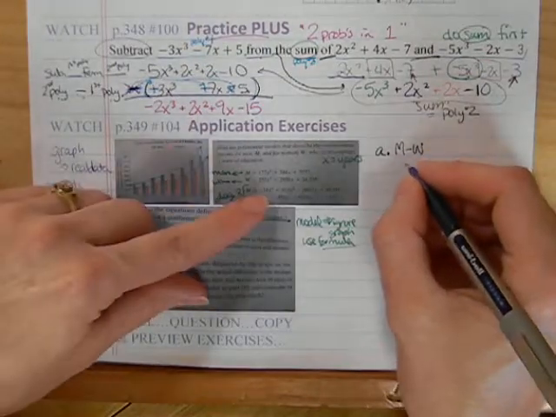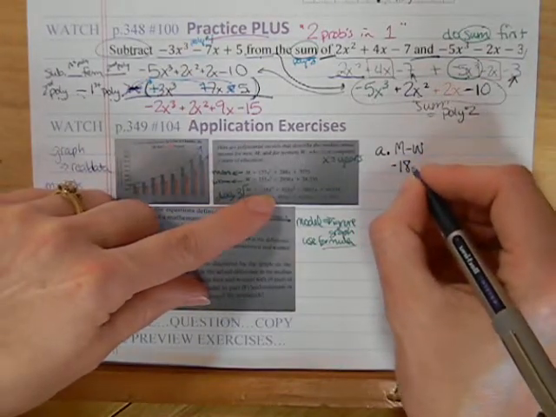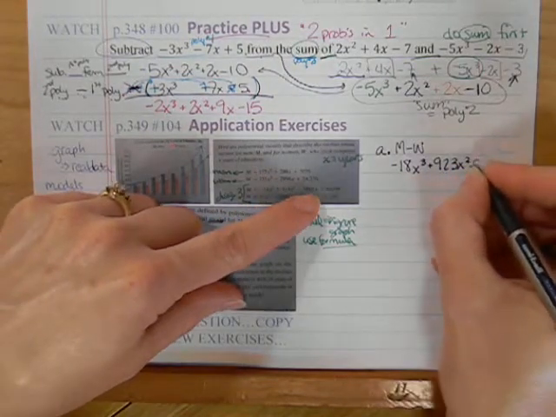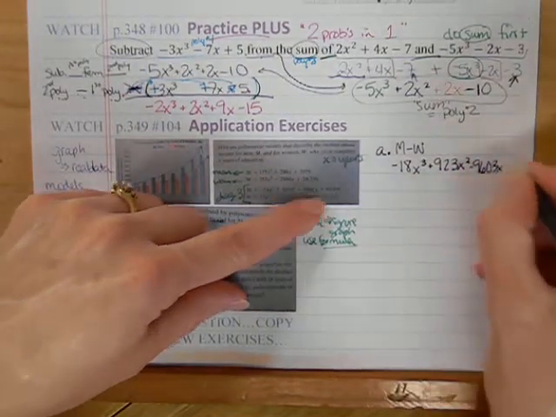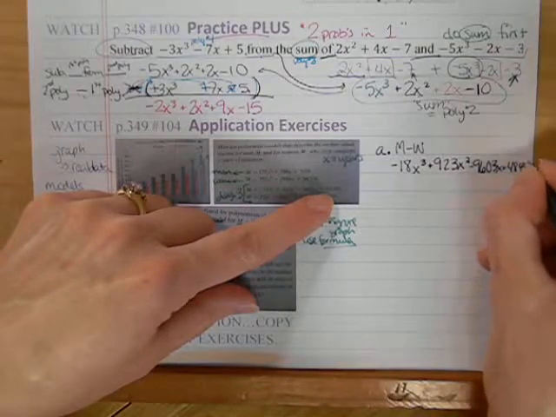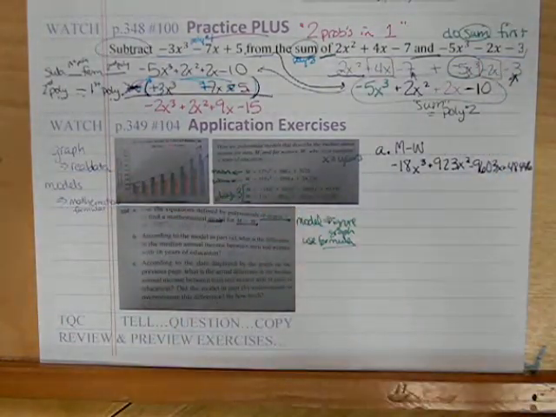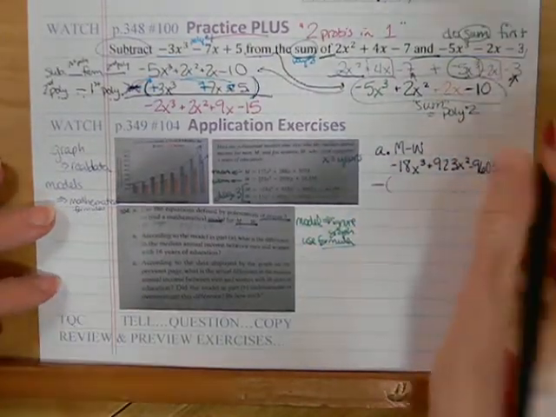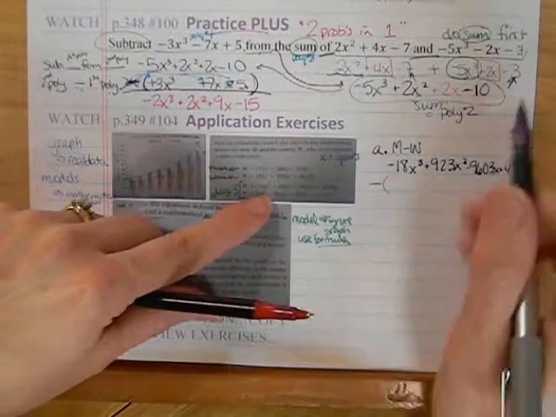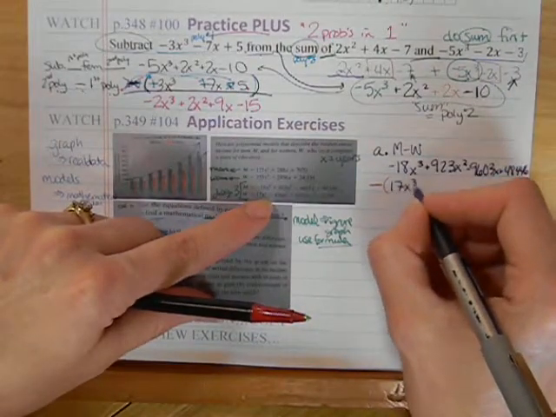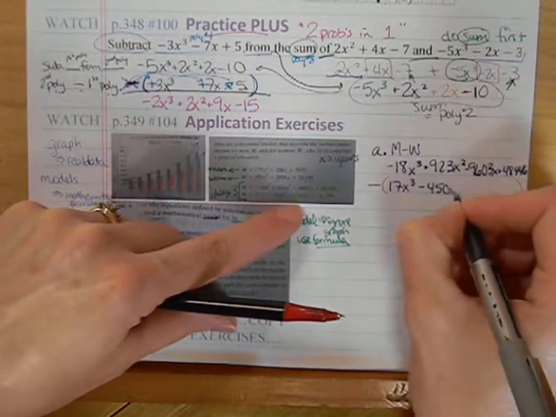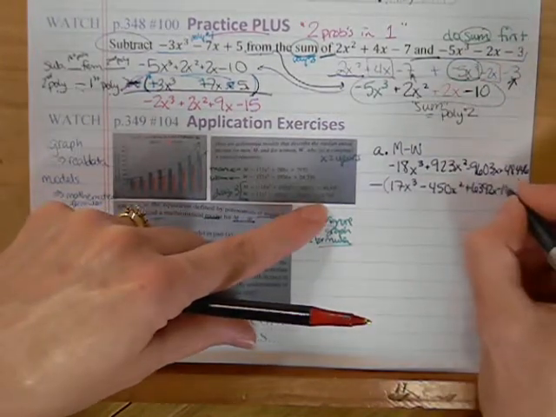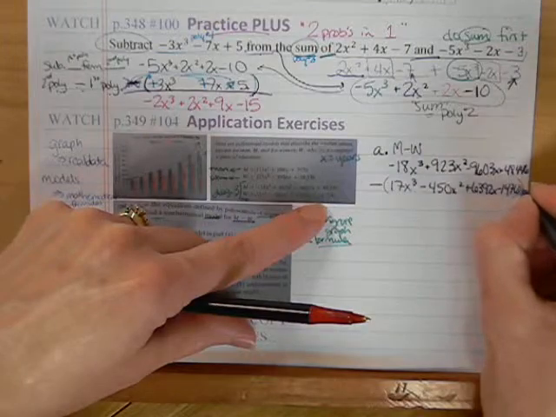In this case, M is negative 18x cubed plus 923x squared minus 9603x plus 48446. I'm just copying straight from what they give us. And then we're going to subtract this second polynomial here, the 17x cubed minus the 450x squared plus the 6392x minus the 14764.